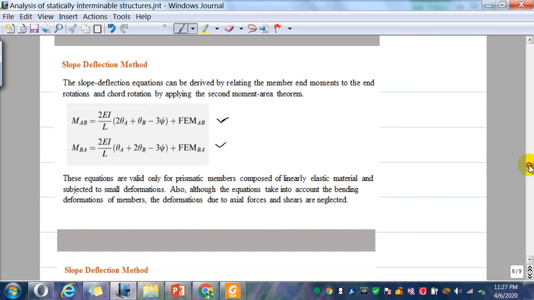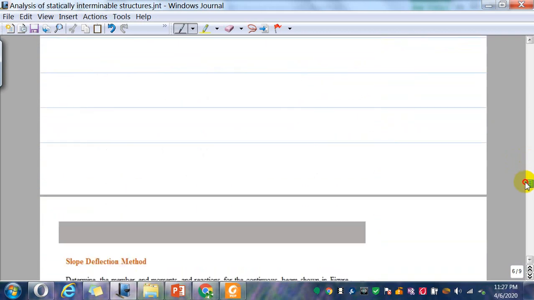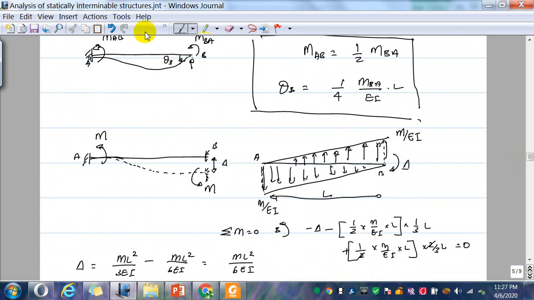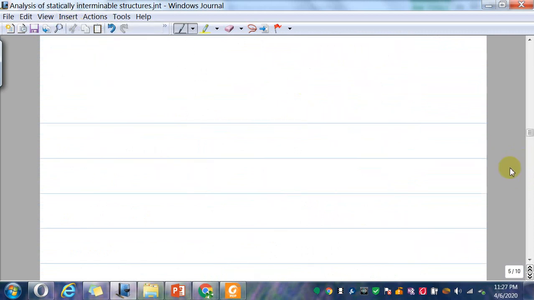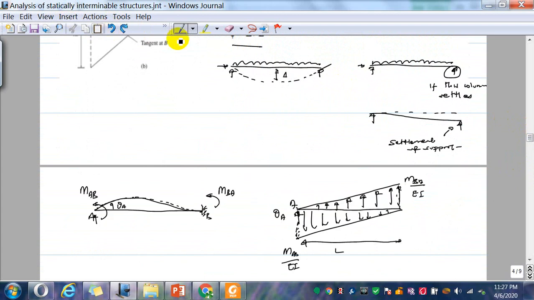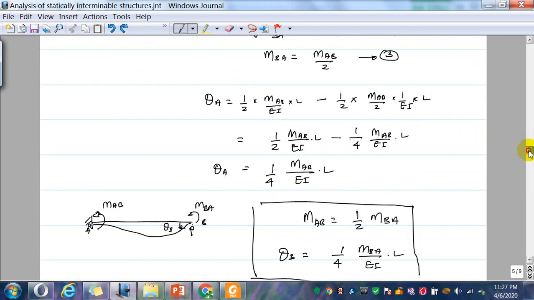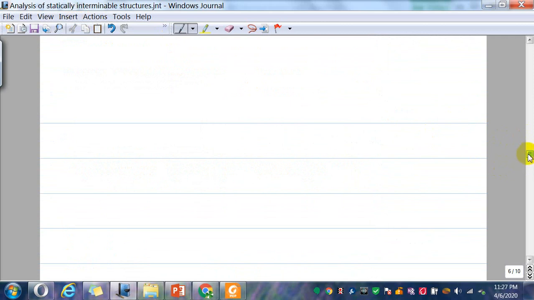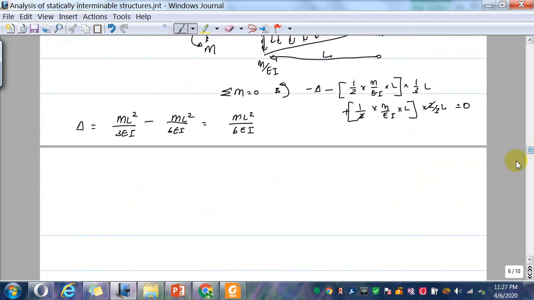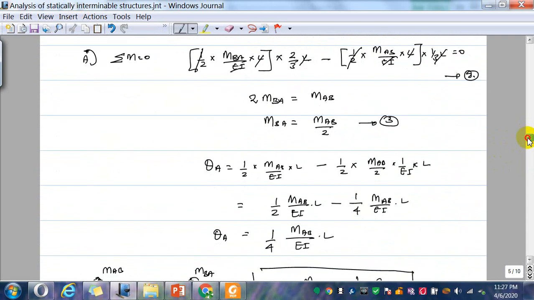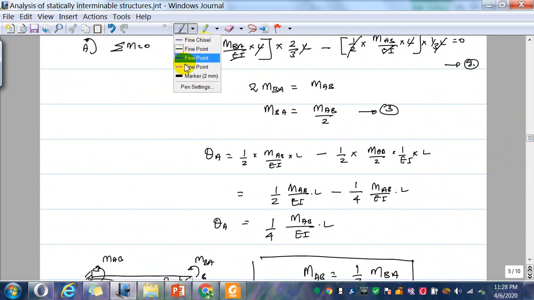Okay, so before that I need to shift some space, so let me insert a new page. Okay, good. So now I'm going to mark all these necessary information in red.